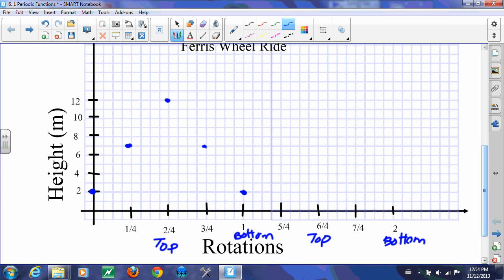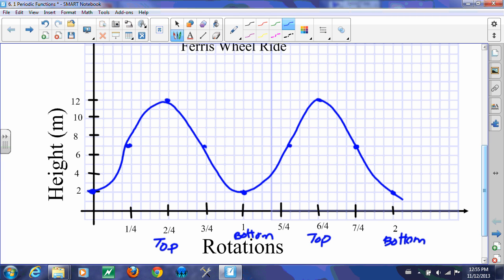Then I head back up again, hit my maximum again, come back down halfway, and then I get off at my minimum. What you notice is this is a smooth curve as you go down and up and down and up.